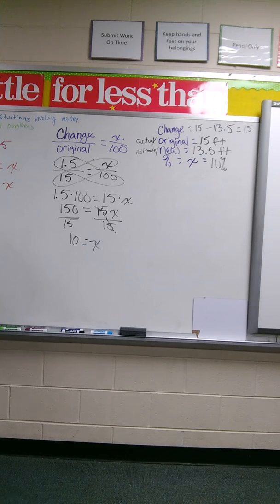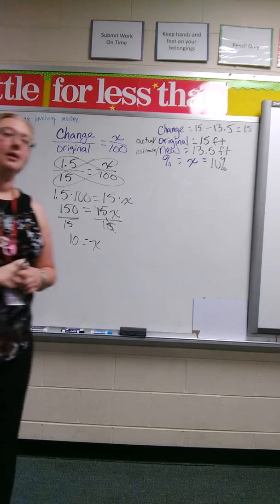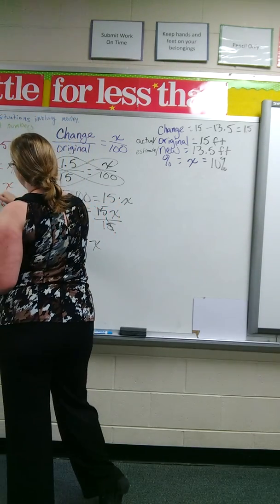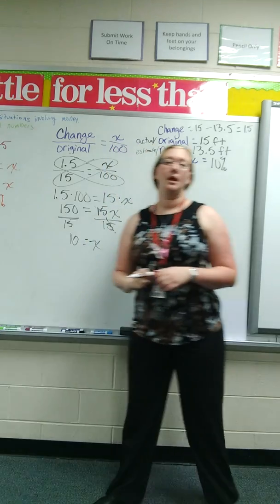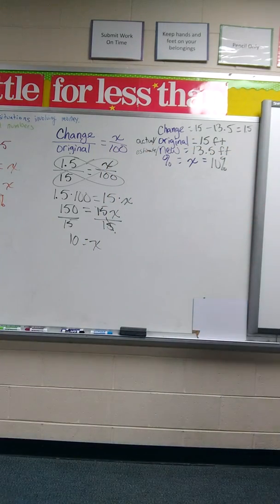Then to make that a percentage, I have to move the decimal point 2 places. I have to add in a 0. That means that 10% is our x. Okay, that means that 10% is my percent of change. So we can do it either way.